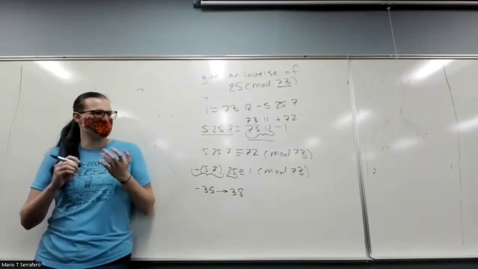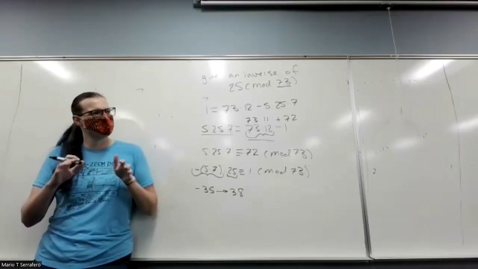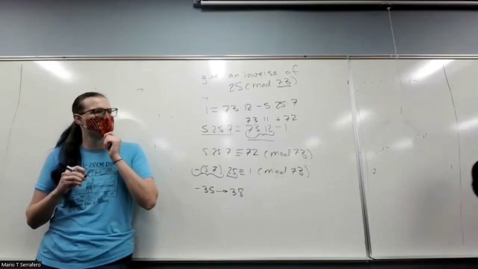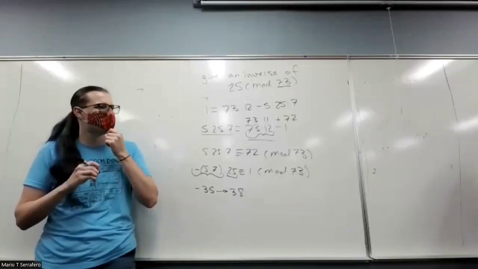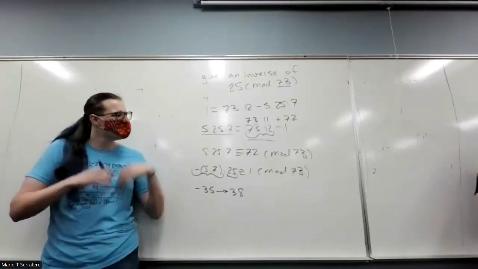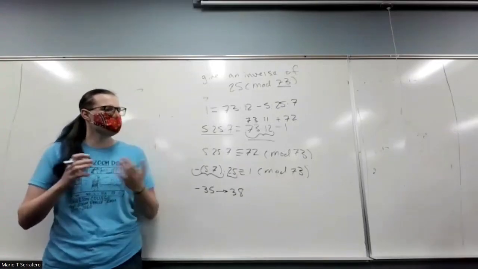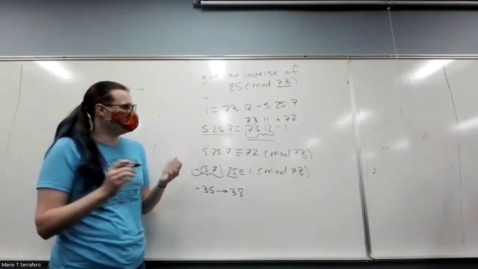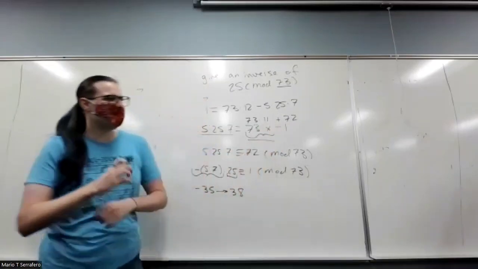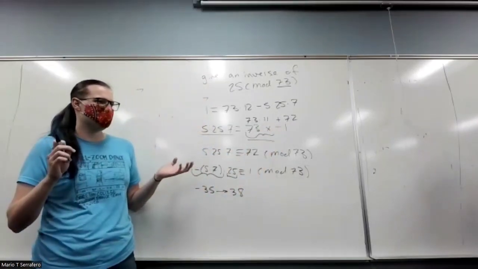It could be any multiple of 73. Does that kind of make sense? The particulars of it being a 12 aren't really important. It could be any integer x, and I would still have the same property.